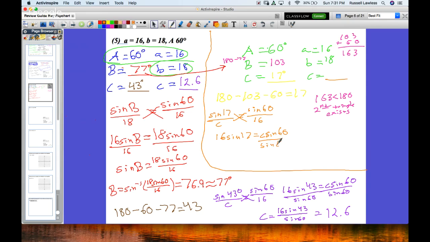We'll then divide both sides by the sine of 60. And so C will be 16 sine of 17 over sine of 60, which will give us 5.4, I think. Yep, 5.4.